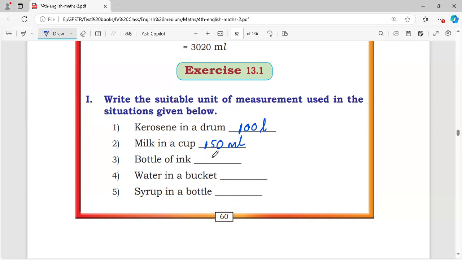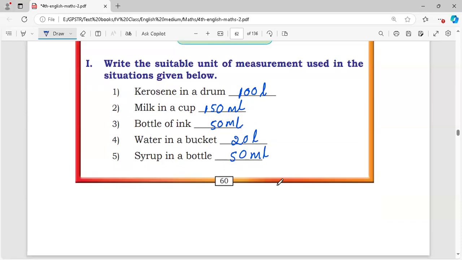Bottle of ink, 50 milliliter. Water in a bucket, the bucket contains 20 liter. Syrup in a bottle, this also 50 milliliter, 100, 150, etc.